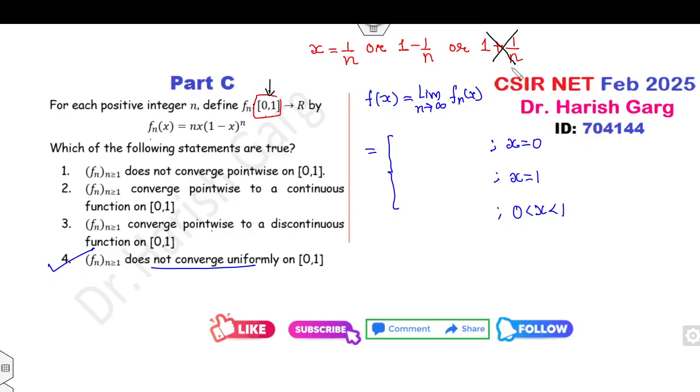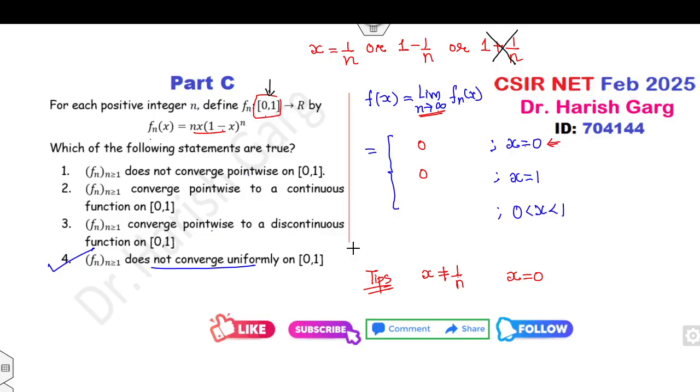When x is 0, the value of f_n(x) is 0. When x is 1, this value is also 0. Whenever x lies between 0 and 1, remember student, always remember, you can't take this number. Because whenever you take 1 over n as n approaches infinity, this number is basically 0 and you already considered the case.